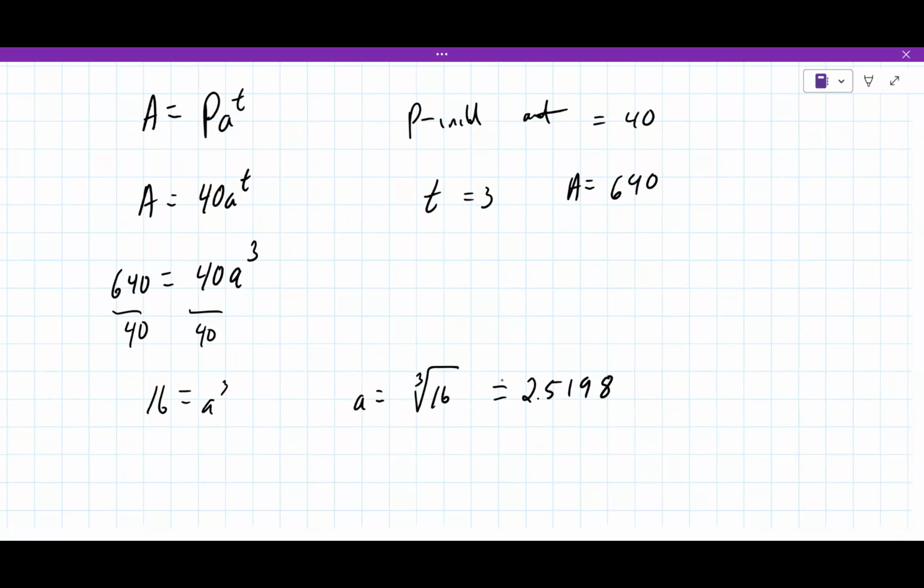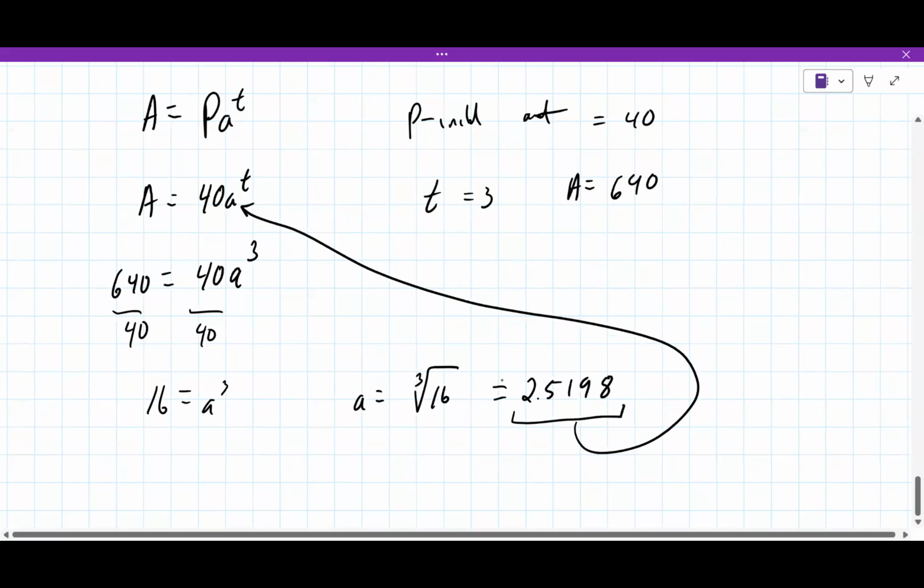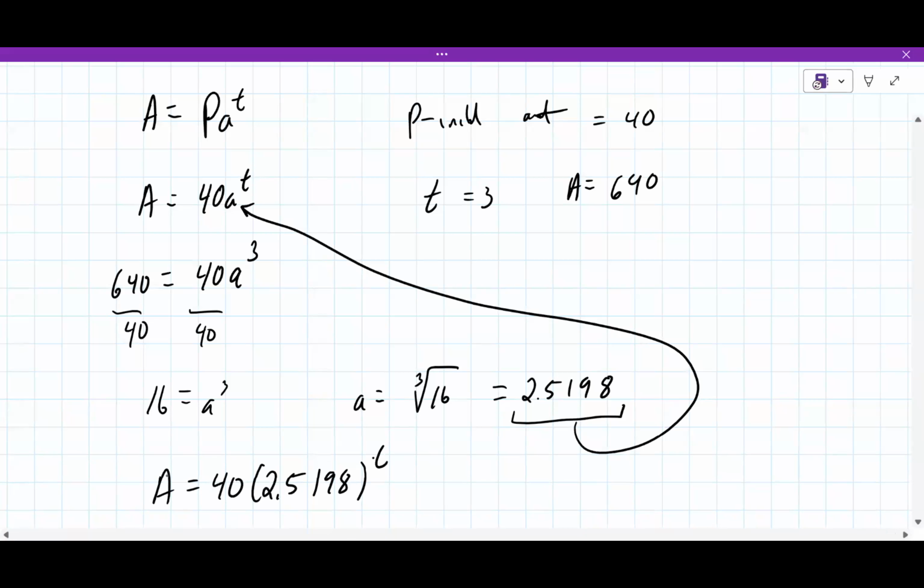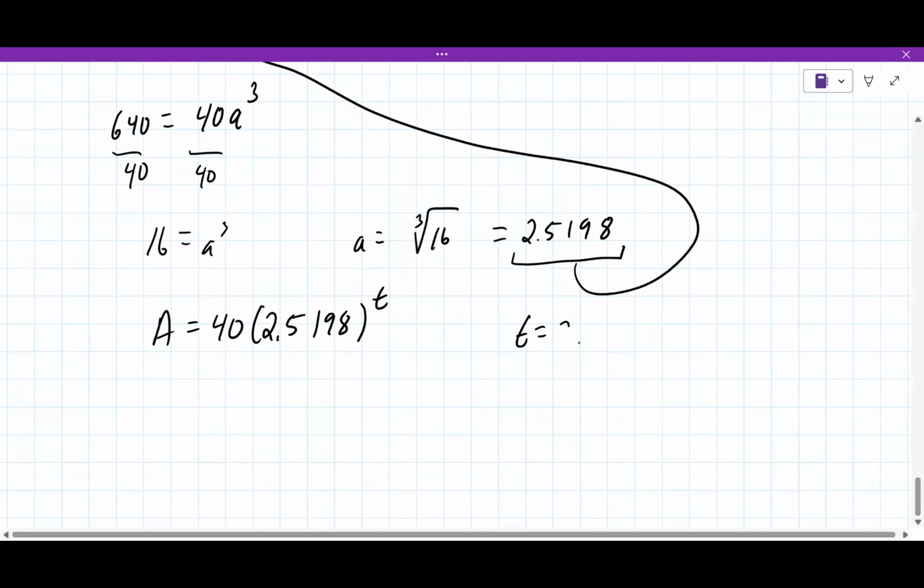So that goes back into here for little a. A equals 40 times 2.5198 to the power of t. And then we're interested in finding out how many would there be at the end of 20 hours? So t equals 20, it looks like. And there will be a lot there, if this holds.